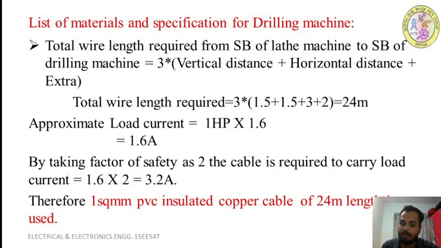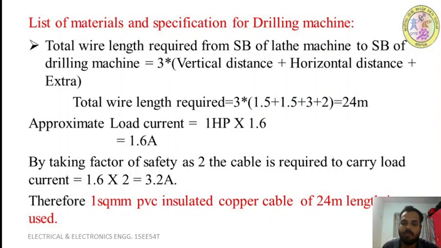From the starter board of the lathe we are tapping the supply and taking it to the starter board of the drilling machine. The total wire length required from the starter board of lathe to the starter board of drilling machine is equal to 3 into vertical distance plus horizontal distance plus extra.